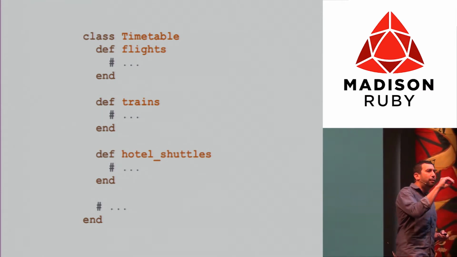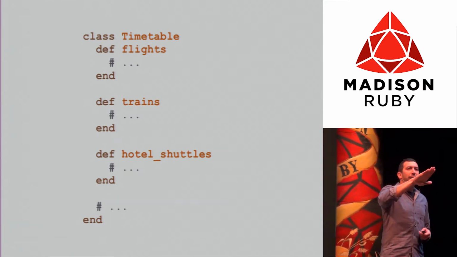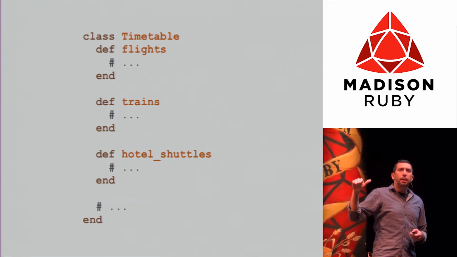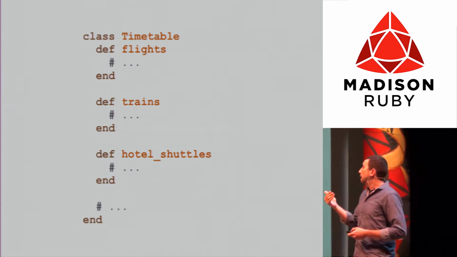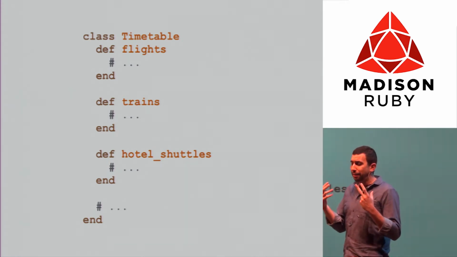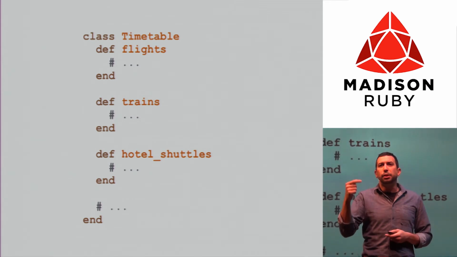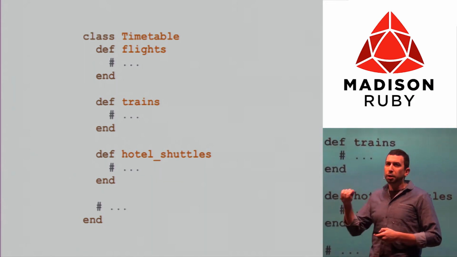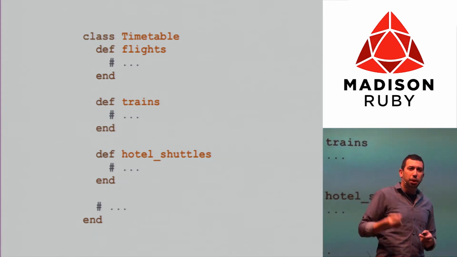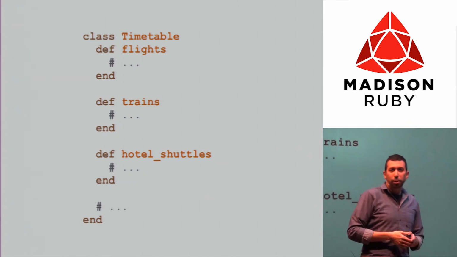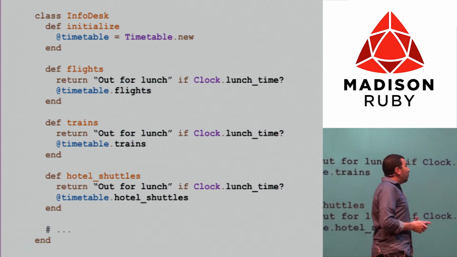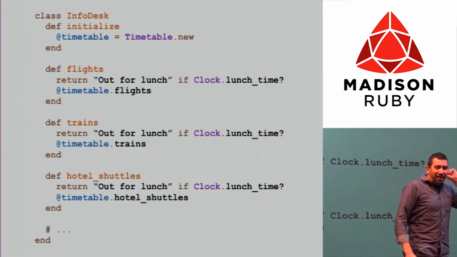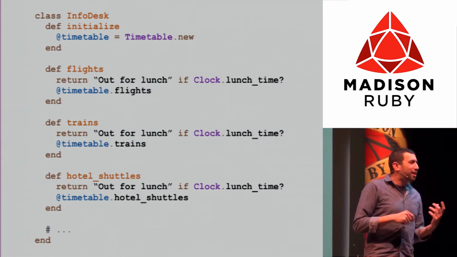And I want to add a feature that impacts all these methods in the same way. For example, a silly feature where you can only call these methods during normal office hours. And if you call the methods during lunchtime, you will get an "out for lunch" string, okay? Useful.